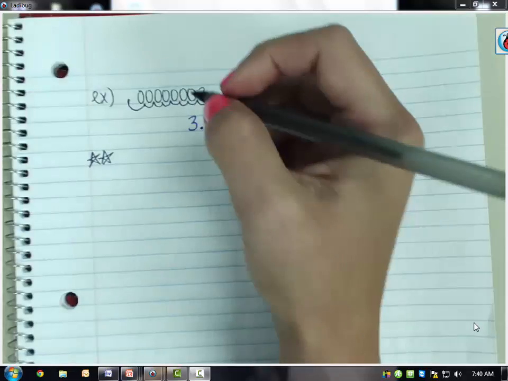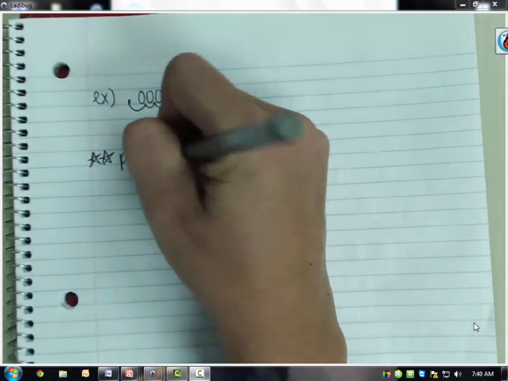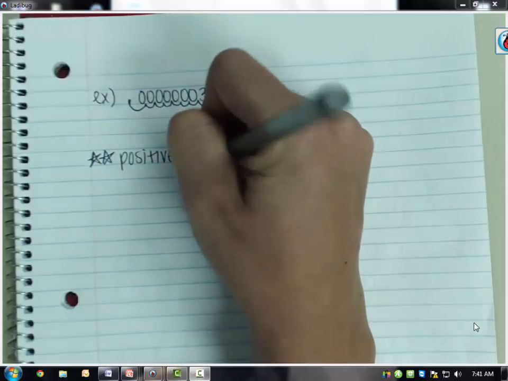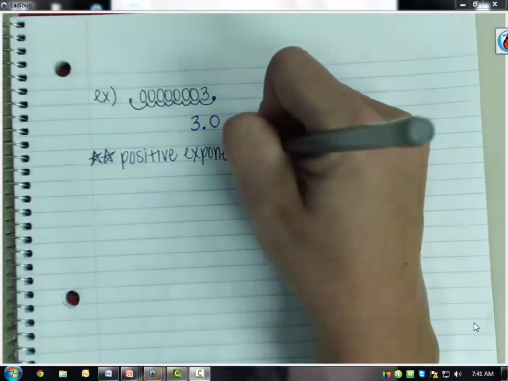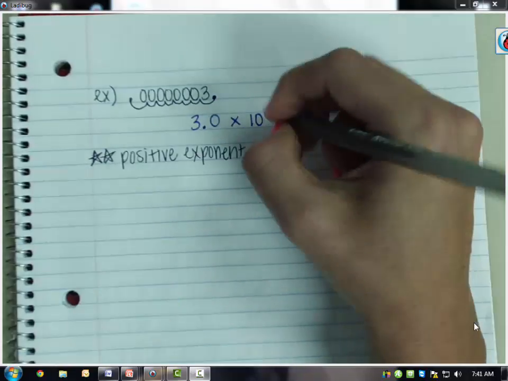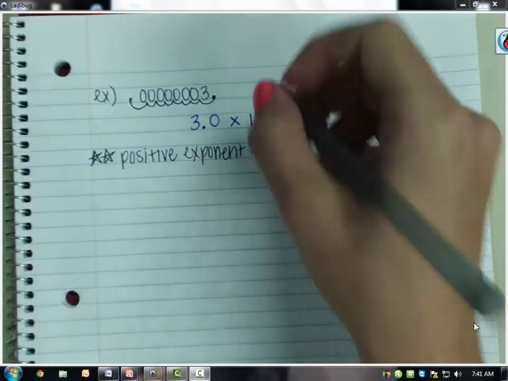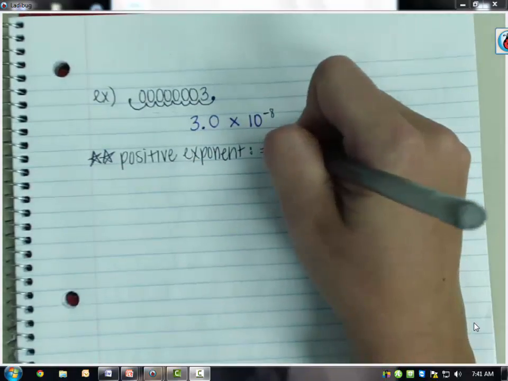If you have a positive exponent, like our first example, that means your whole number is going to be larger, greater than 1, so larger.